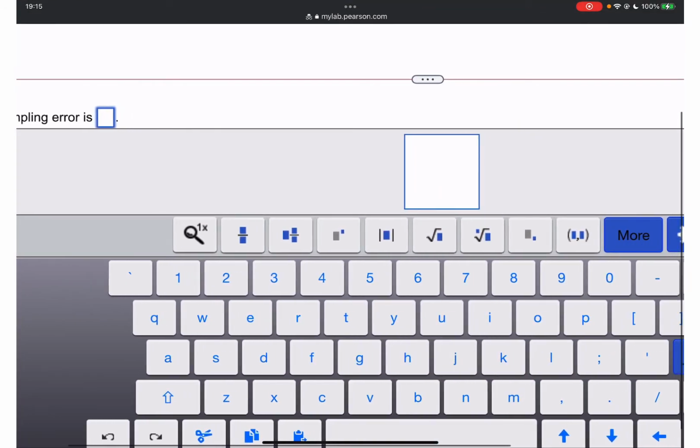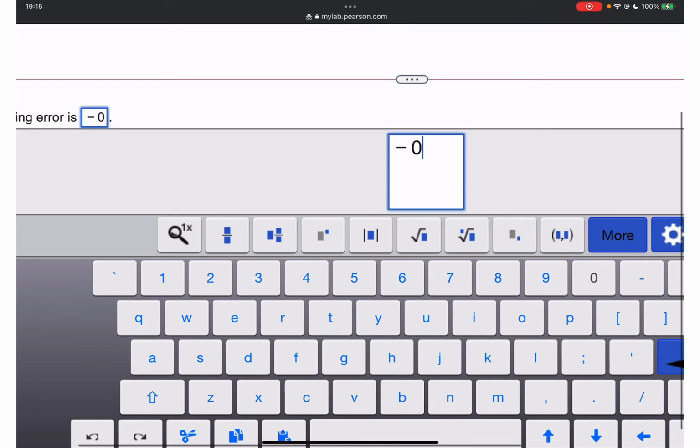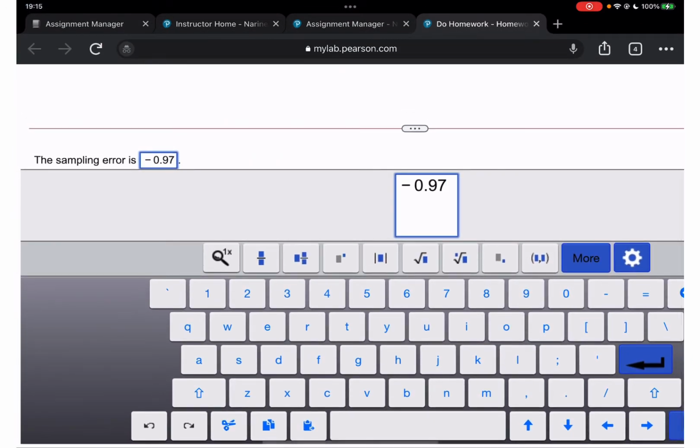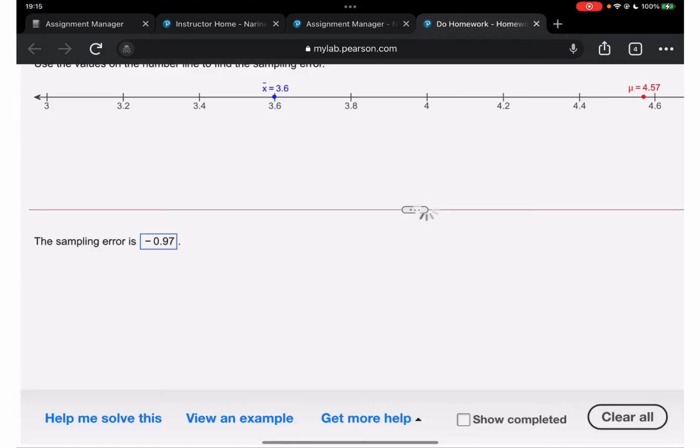So where is the negative sign here? Negative 0.97. Now this is the difference. We can easily take this negative sign, but just to make sure we understood, z critical we always use positive. Okay? Well done.